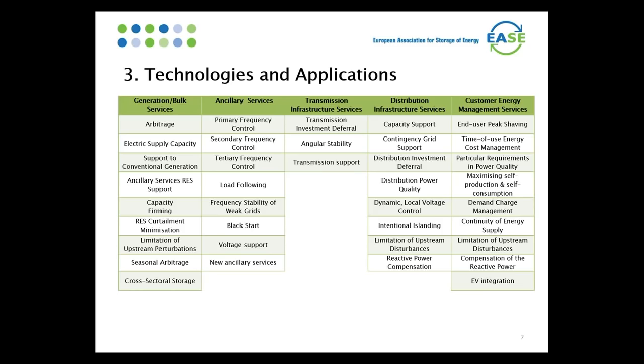We can look at services that support infrastructures in transmission and distribution grids. And we can look at behind the meter applications, storage that is installed at residential, commercial, or industrial places for peak shaving and, in particular, self-consumption. But you see there, just on the behind the meter side, there are more than 7 or 8 different applications we can distinguish.